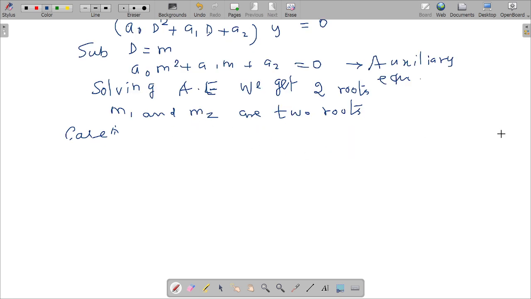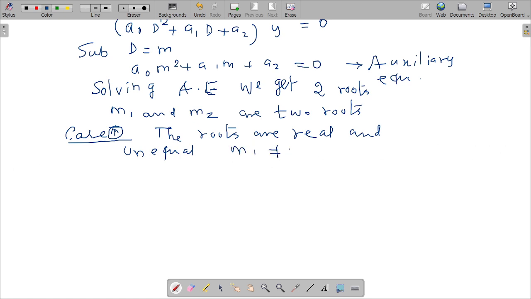Case 1: the roots are real and unequal, that means m1 is not equal to m2.